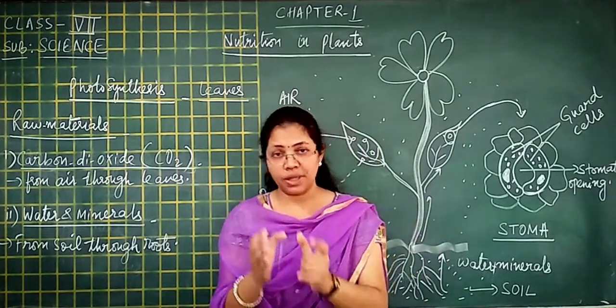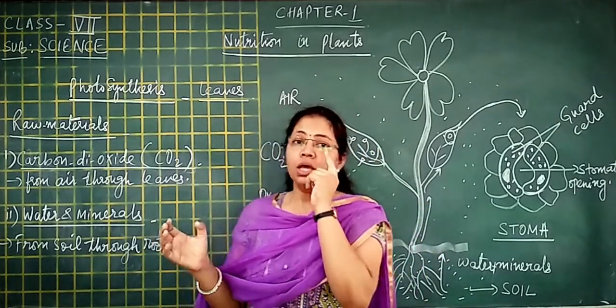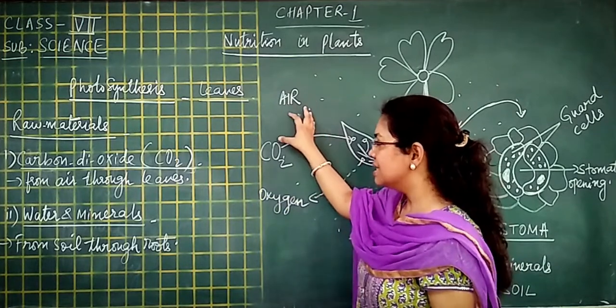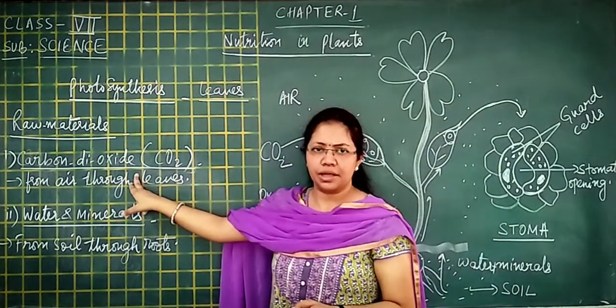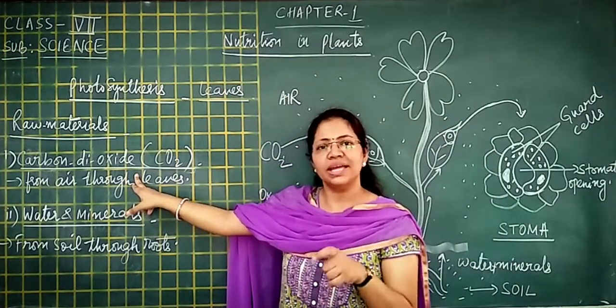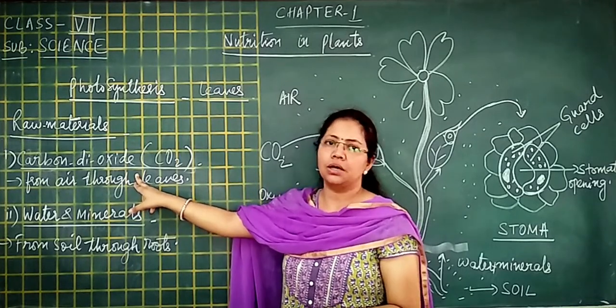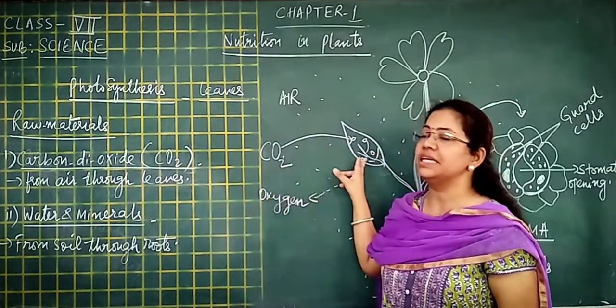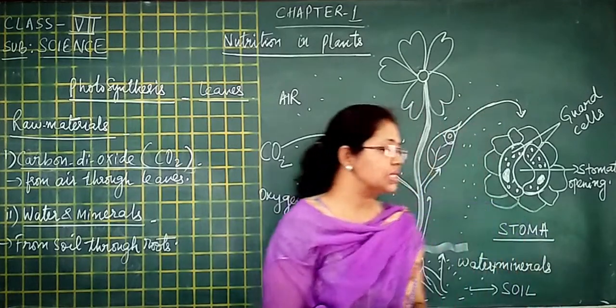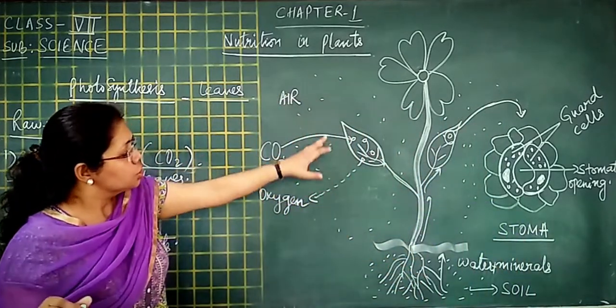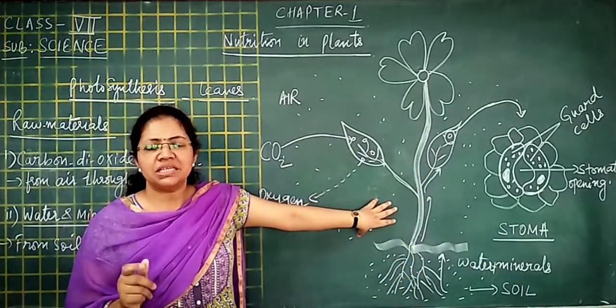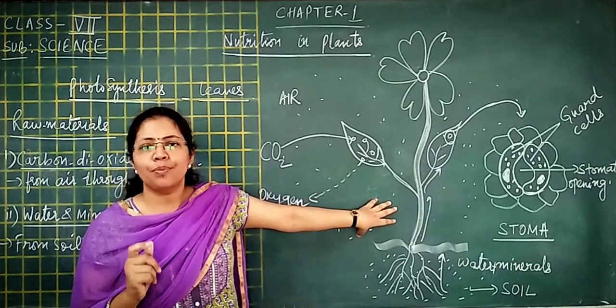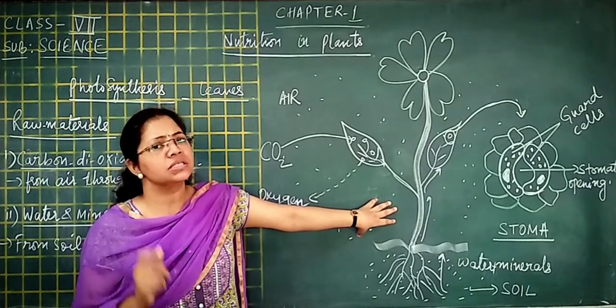CO2 means carbon dioxide. Now students, plants can directly take this carbon dioxide gas from air through their leaves. As you can see in this diagram, this is a schematic representation of the process of photosynthesis.